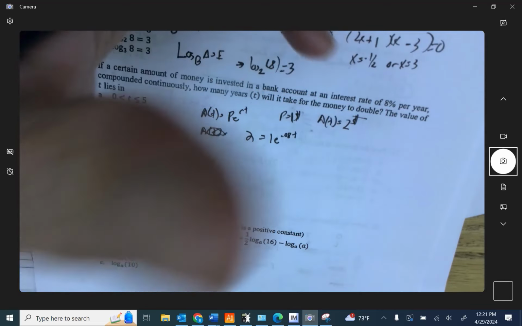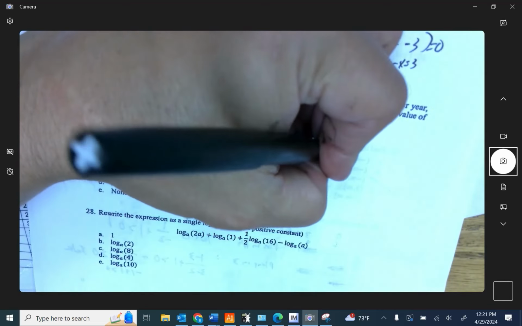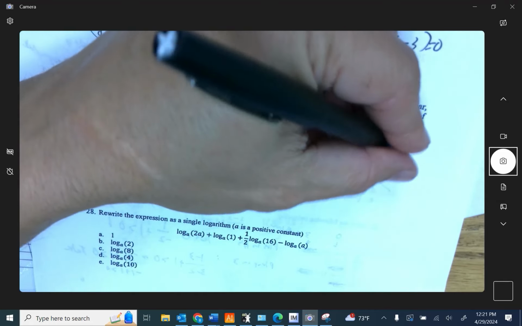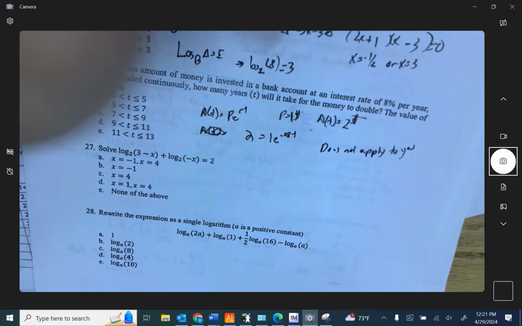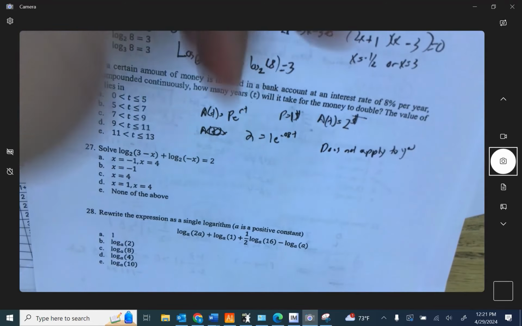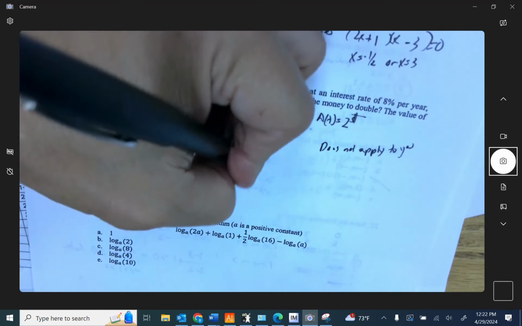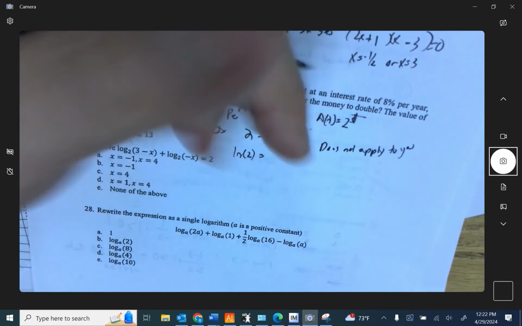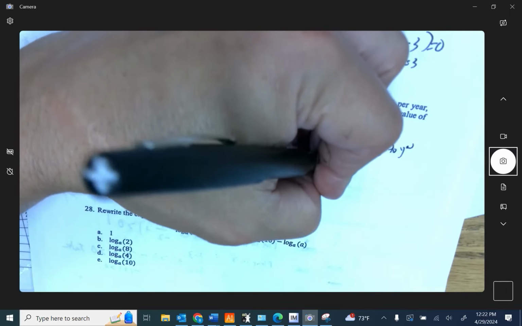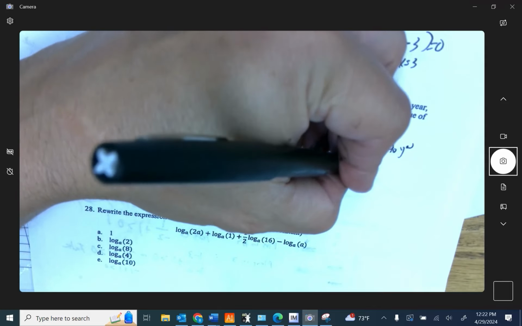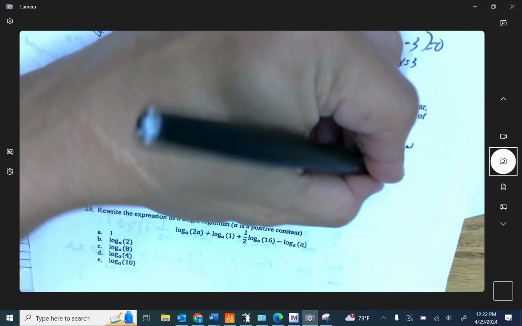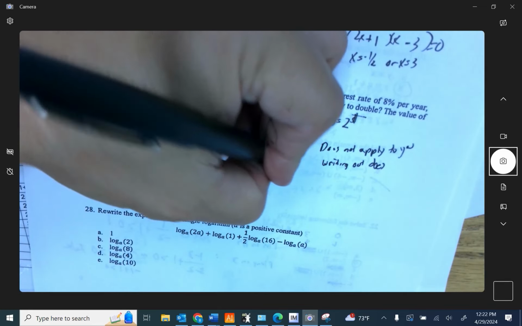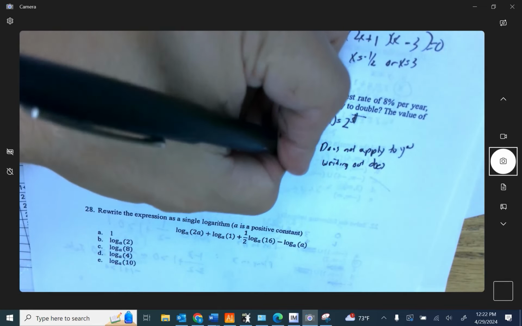And like I said, this does not apply to you. Well, what we would do is we would ln both sides. What does apply to you is being able to write it out. The natural log of 2 is equal to the natural log of e to the 0.08t.